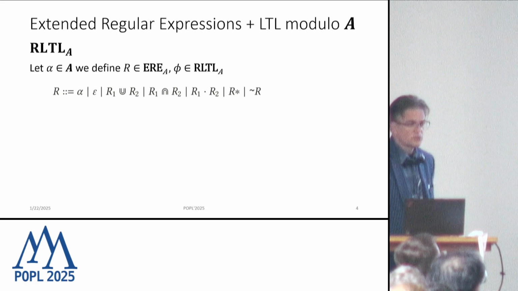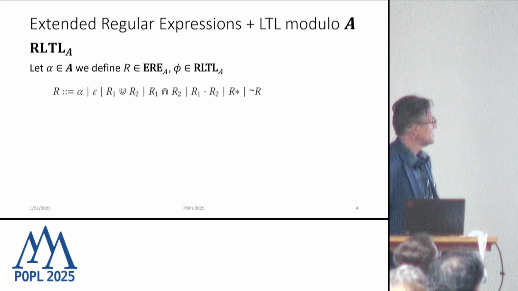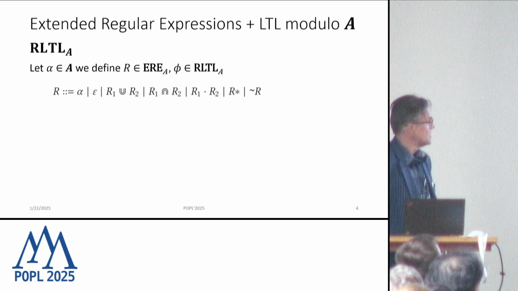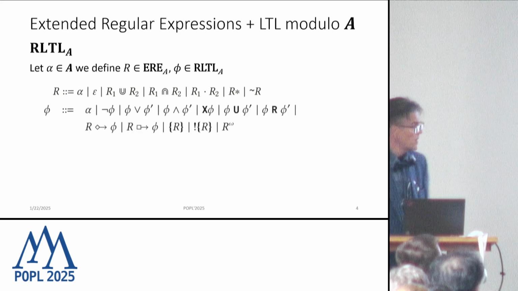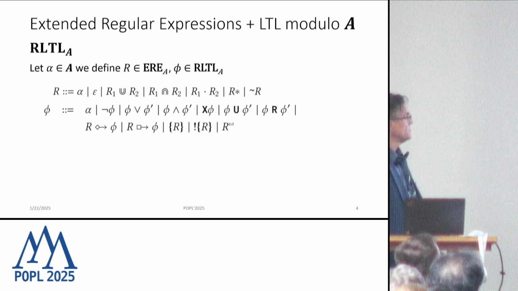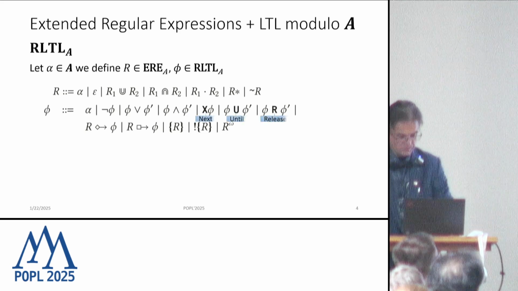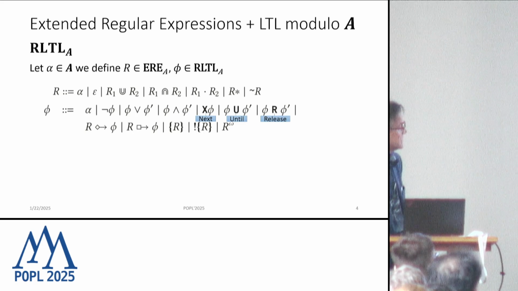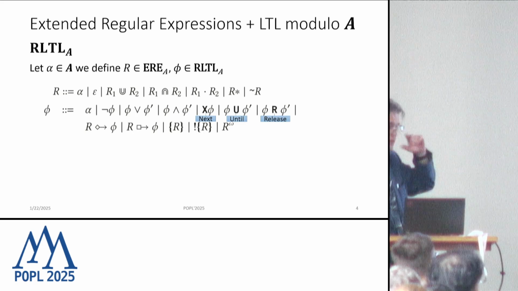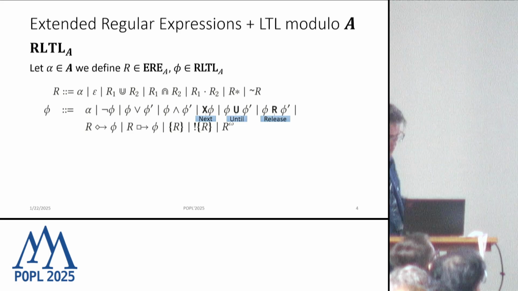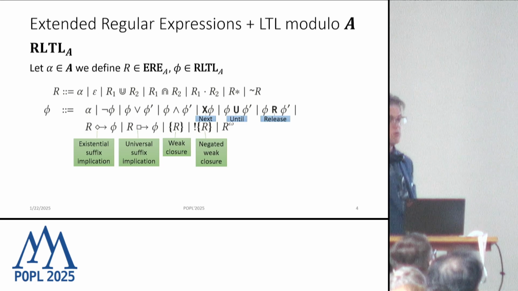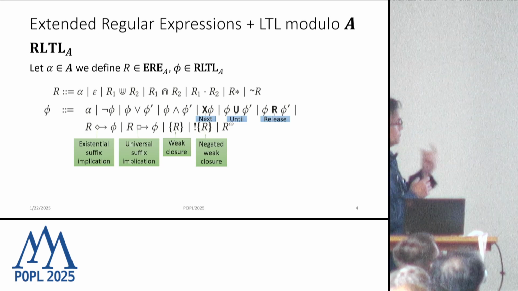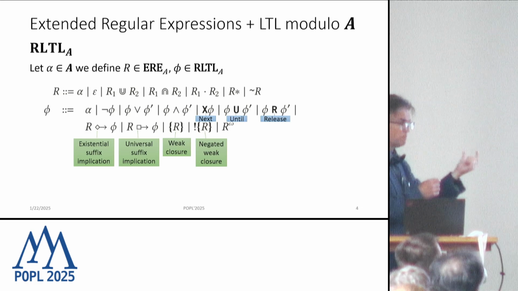You have the empty word regex, union, intersection, concatenation, Kleene star, and complement. Then we have a combination with linear temporal logic formulas: next, until, and release, plus the Boolean operators.